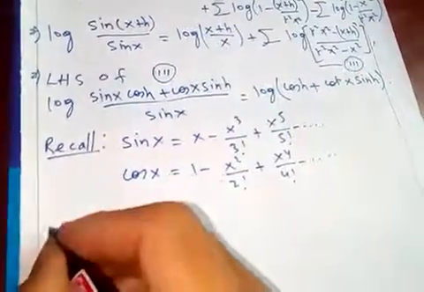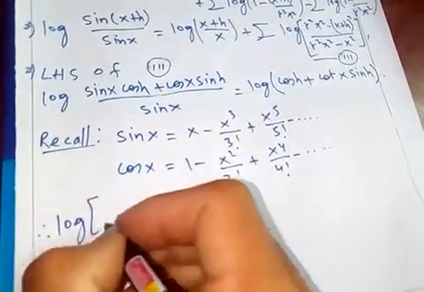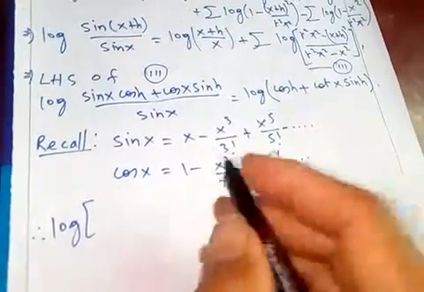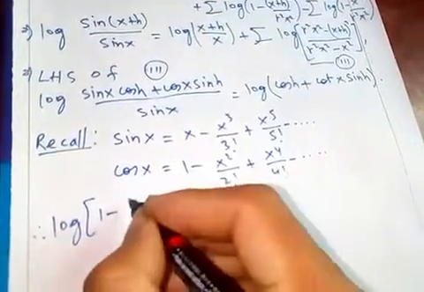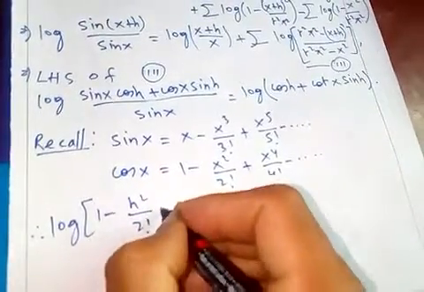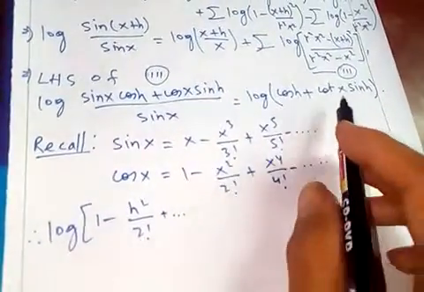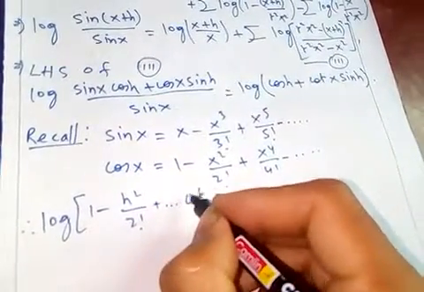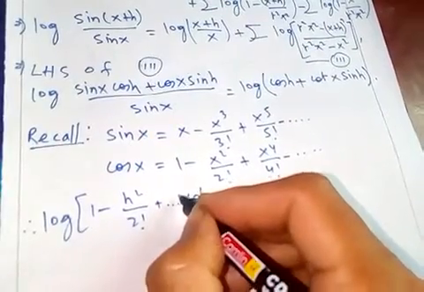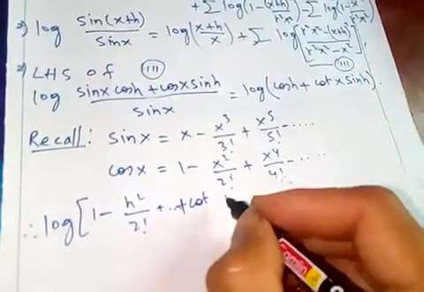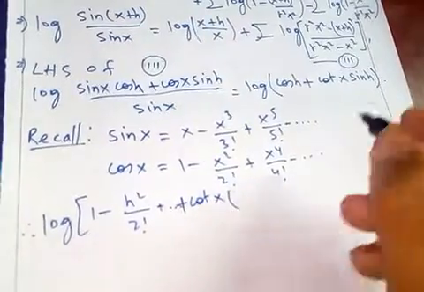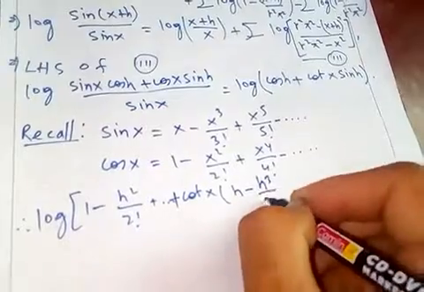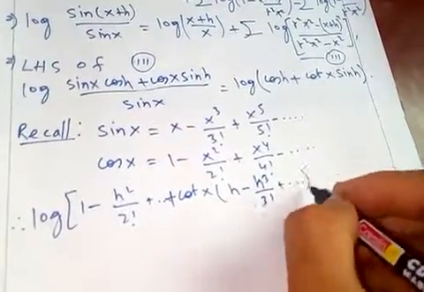Applying here, cos of h, replacing x by h, is 1 minus h squared by 2 factorial plus and so on. Sine of h is h minus h cubed by 3 factorial plus and so on.